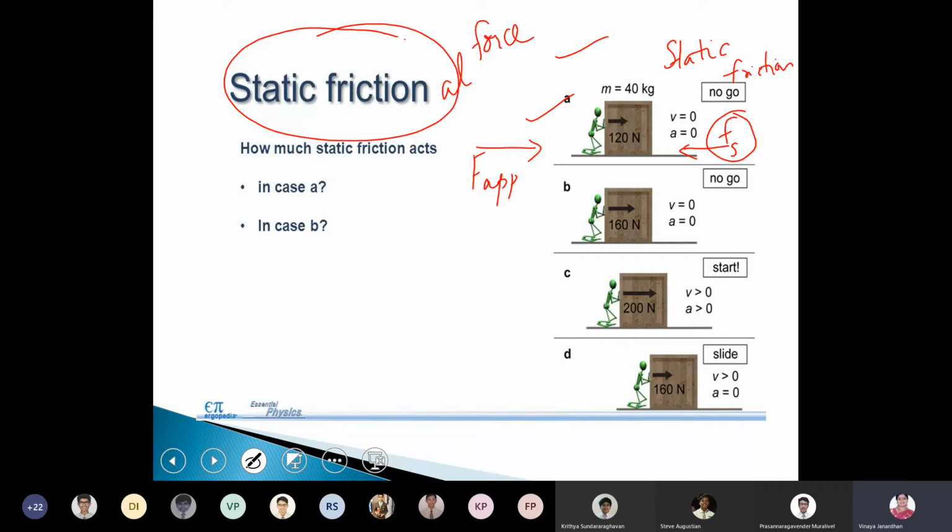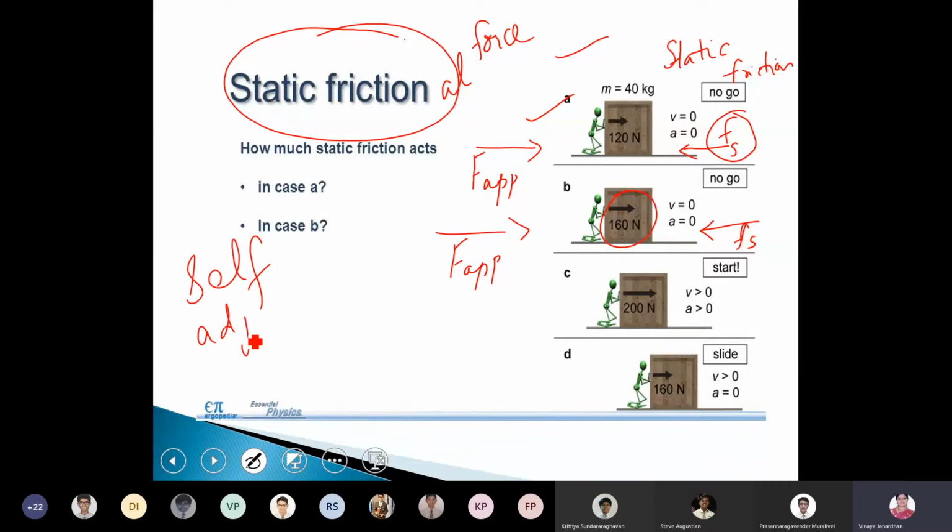Now look at the next case. The person now is increasing the applied force, say to 160 Newton. The moment he increases the applied force, your frictional force also increases. That is why we say your frictional force is a self-adjusting force. Some reference books you would have studied.